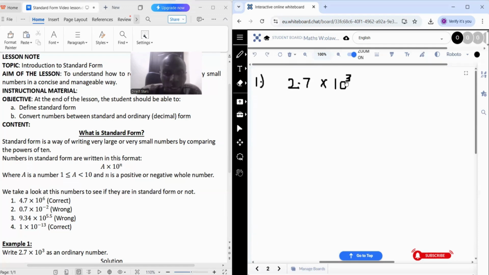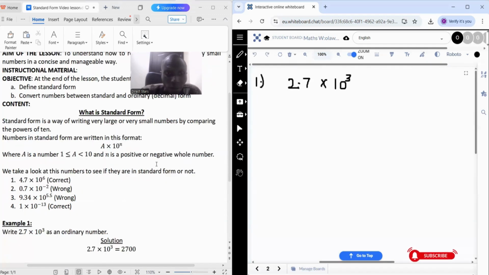This is in standard form, so we are asked to write this as an ordinary form. Then how are we going to do this? Now we have 2.7 times 10 raised to the power 3. Anytime we have the value of n to be positive, it means that we are moving the decimal point to the right.